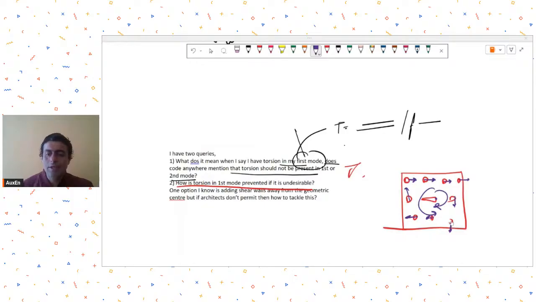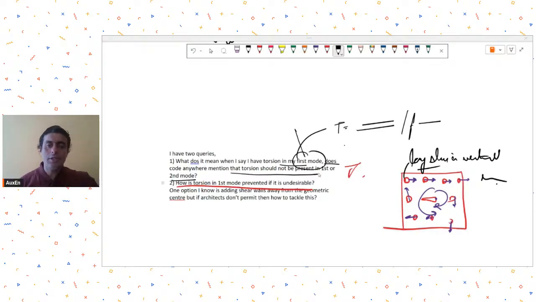If there are large shears in your vertical elements, what will happen? Tell me. Large shears in vertical elements will lead to an overall reduction in the compression capacity of your vertical members, because the concrete may have a brittle failure due to this large shear.